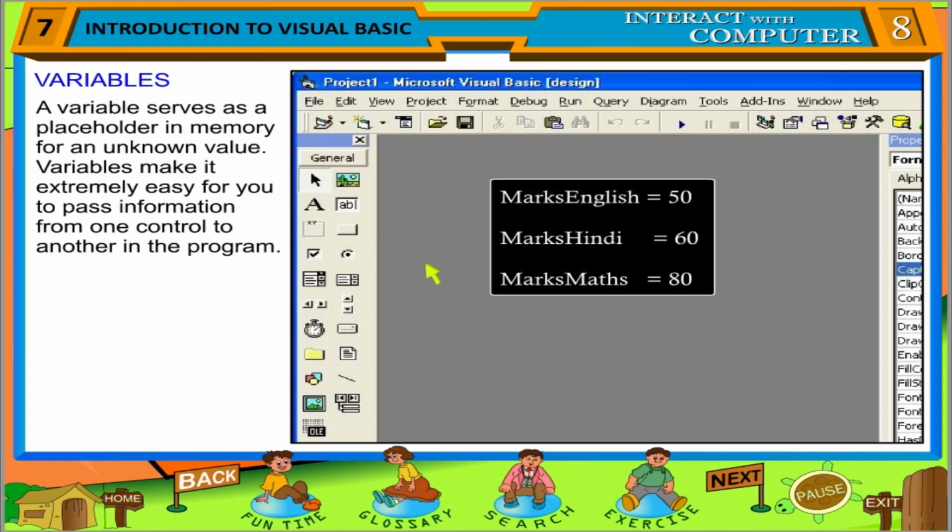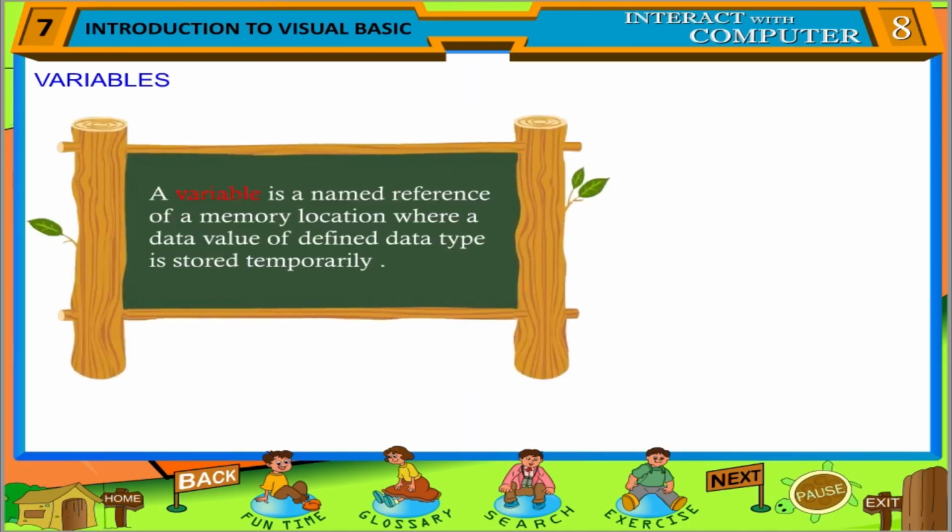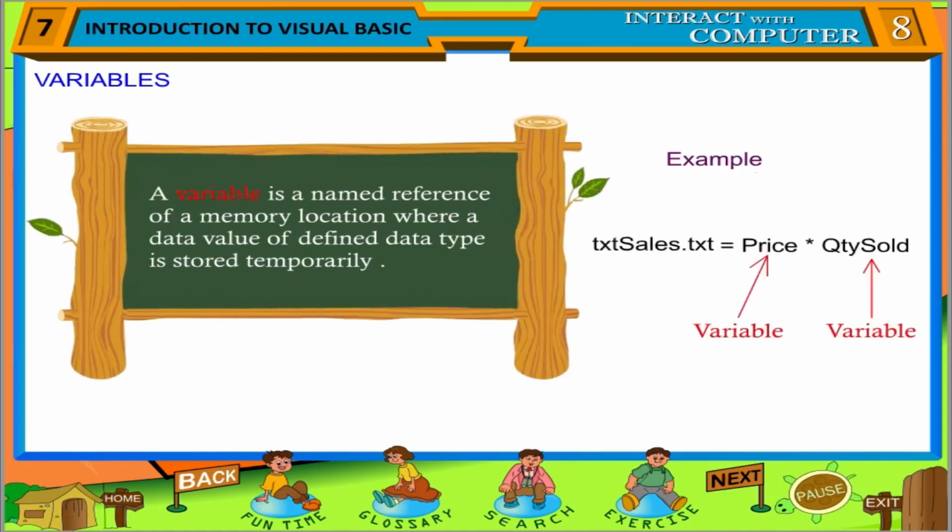A variable serves as a placeholder in memory for an unknown value. Variables make it extremely easy for you to pass information from one control to another in the program. A variable is a named reference of a memory location where a data value of defined data type is stored temporarily.